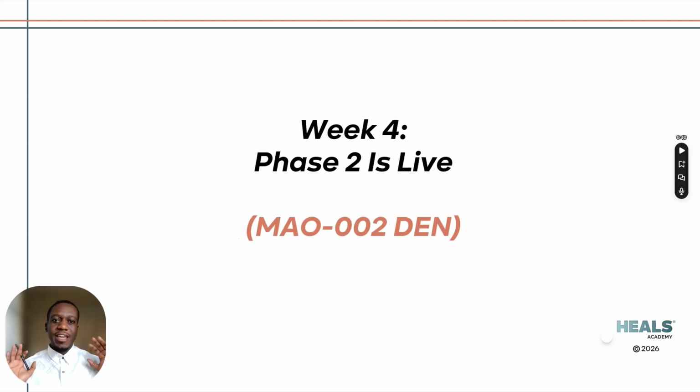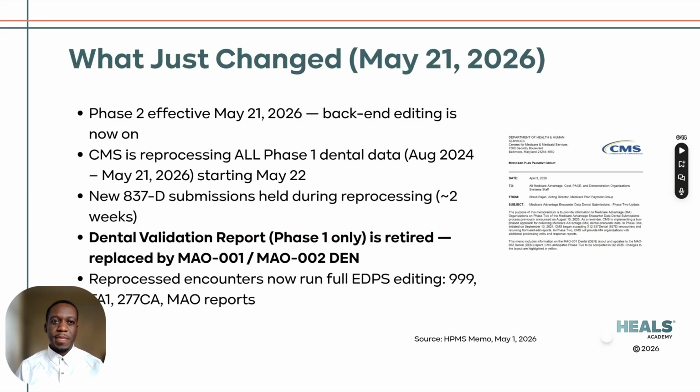Today's week 4, and we are looking at the MAO-002 dental. As I said last week, we looked at the 001 report. Phase 2 was effective May 21st, 2026, which was last week, and CMS started the backend editing. CMS is reprocessing all Phase 1 dental data that was submitted from August 2024 all the way till 21st May 2026, which started on May 22nd.